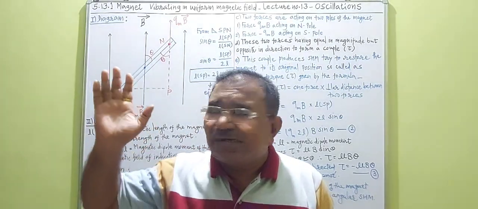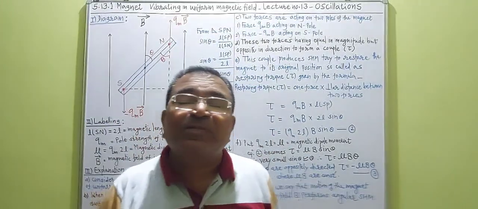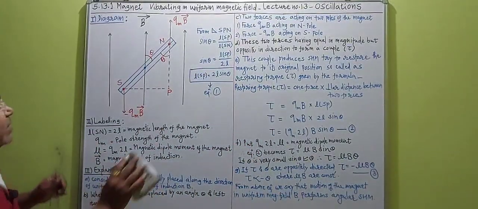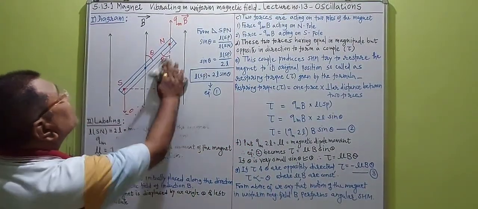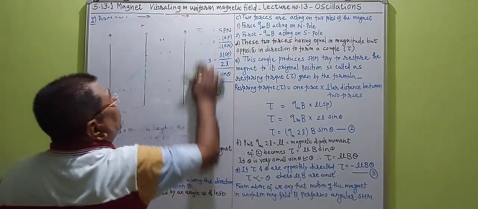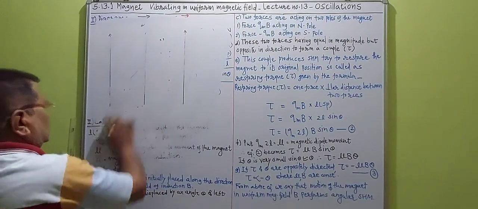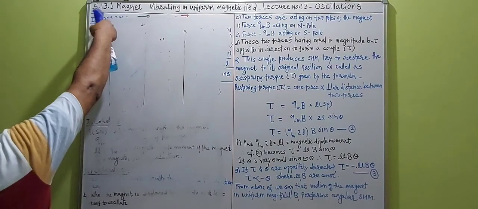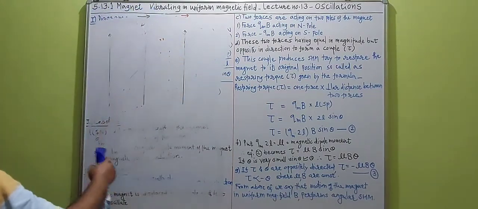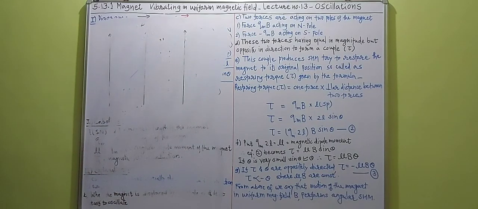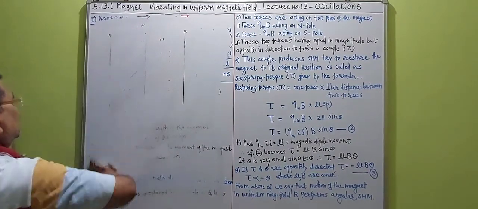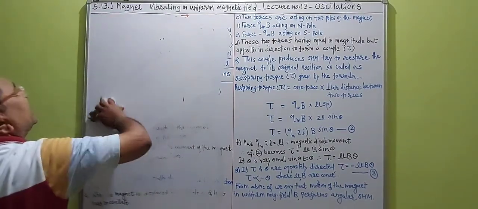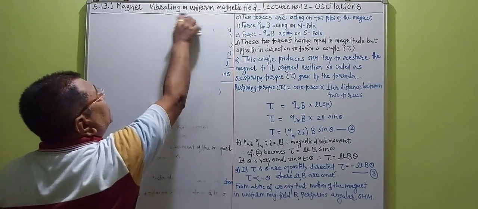Okay, we will clean the board at first, and then we will discuss the period of a magnet. We have seen that a magnet vibrating in uniform magnetic field performs angular SHM.